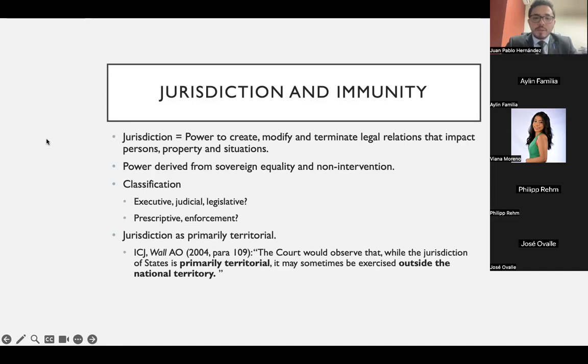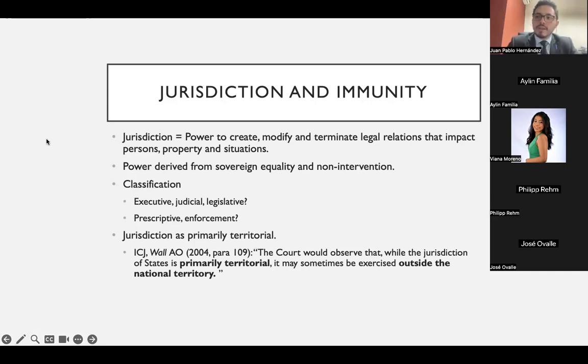It derives directly from the sovereign equality of states and the principle of non-intervention. For those that were not present in our first lecture, which related to the introduction to public international law, the principle of sovereign equality and the principle of non-intervention is one of the key pillars of international law. It is recognized in Article 2, Paragraph 1 of the Charter of the United Nations, and as pertains to the principle of non-intervention, it is recognized as a principle that forms part of customary international law.